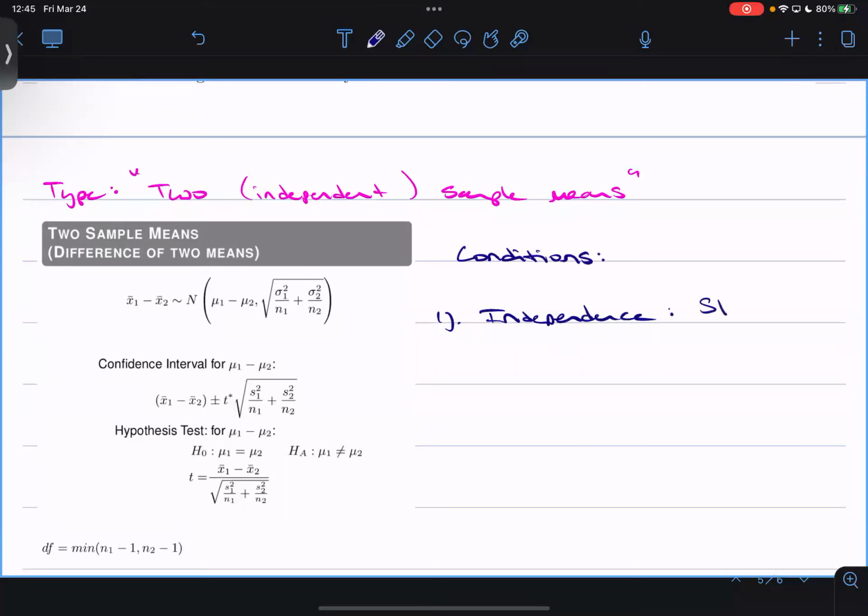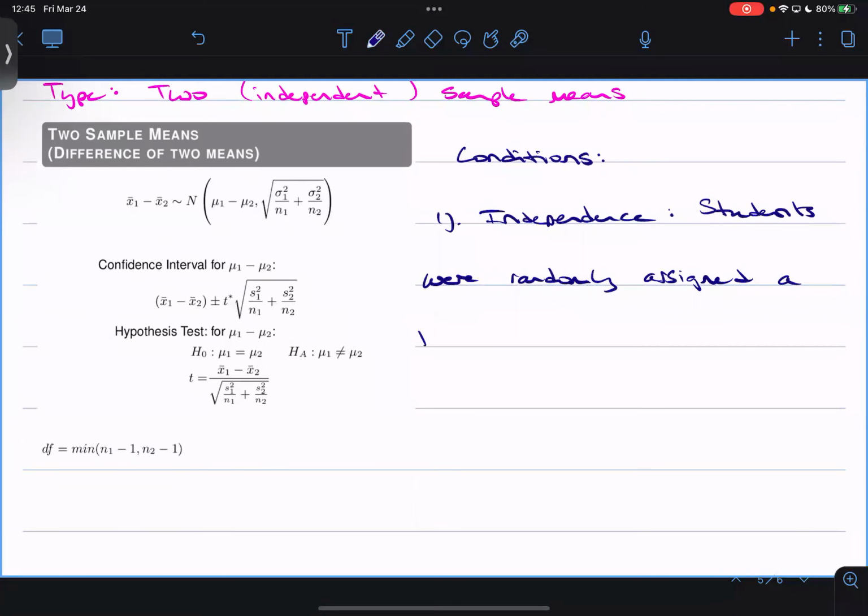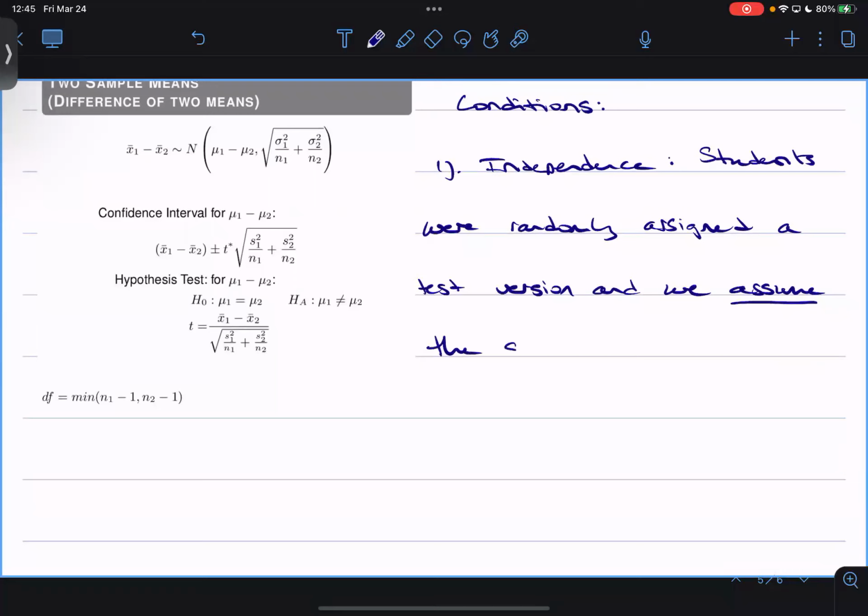Students were randomly assigned a test version, and we assume the students are all independent of each other.